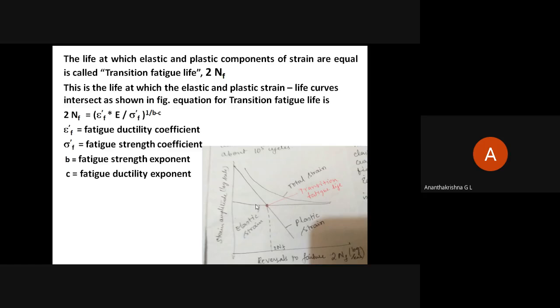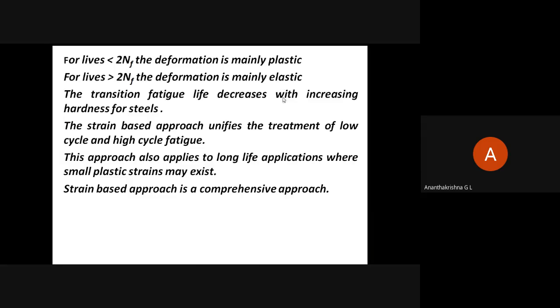So the transition fatigue life decreases with increasing hardness of steels because they tend to break faster. The strain based approach unifies the treatment of low cycle and high cycle fatigue, and this approach also applies to long life applications where small plastic strains may exist. It is a comprehensive approach because we can directly measure the strain.